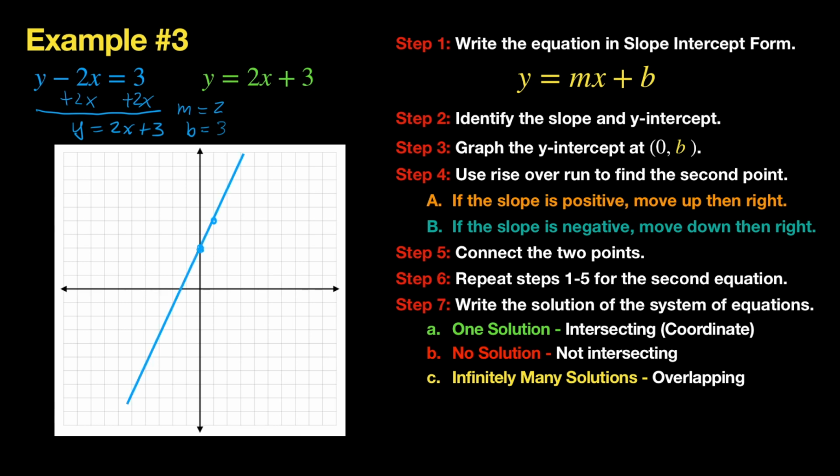And now you see that the green equation has the same slope. M is equal to 2 and B is equal to 3. So our first point will be at the same spot at 3, and now we will have to move 2 units up and 1 to the right, and that means that we will actually end up putting the next line on top of the blue line already, because this is where our next point is.